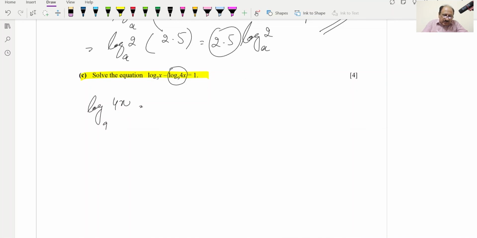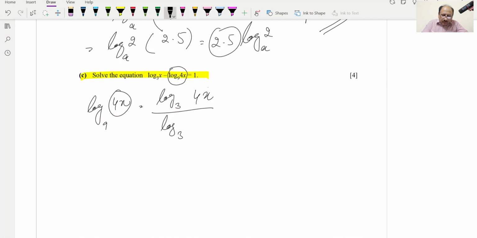We have to change log base 9 to base 3. So I'm changing log base 9 of 4x into log with base 3 over log with base 3, and this portion we can write by rule over here.